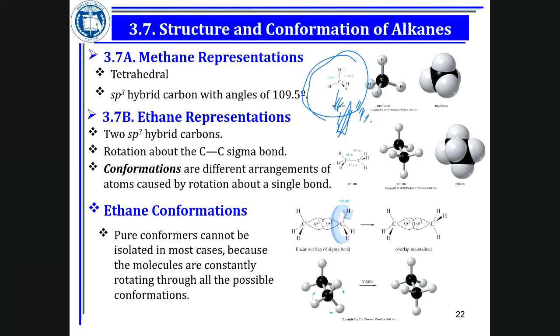So this rotation around the carbon-carbon bond can go from eclipse to staggered, and again from staggered to eclipse, and it can rotate. So when you see an energy diagram, which one is going to have lowest energy, eclipse or staggered? Staggered is going to have lower energy. So stability is the lower energy.